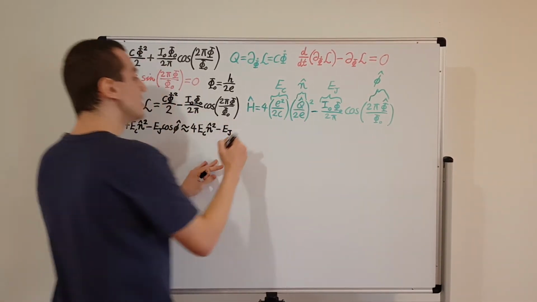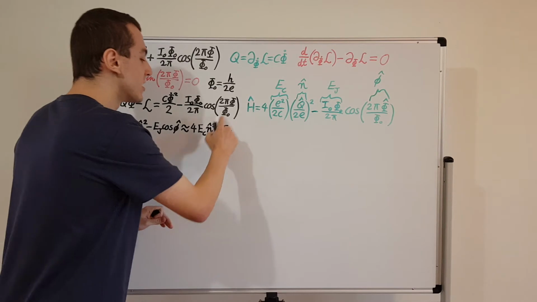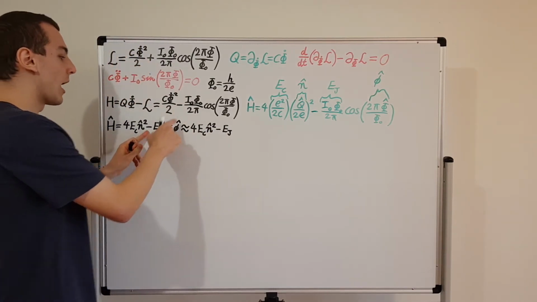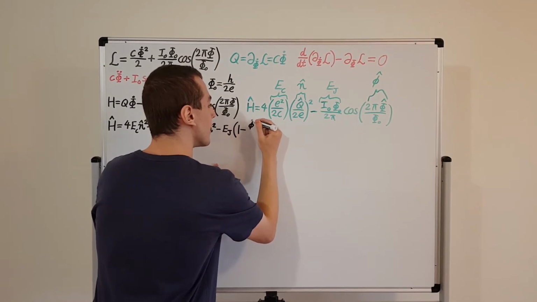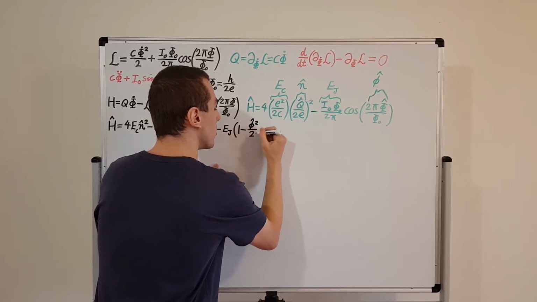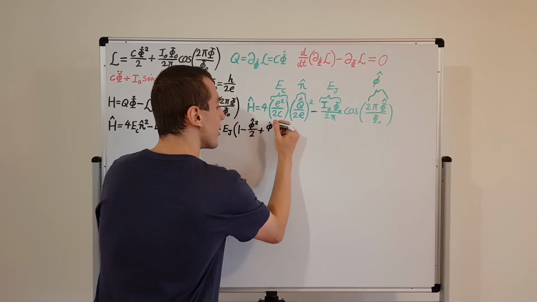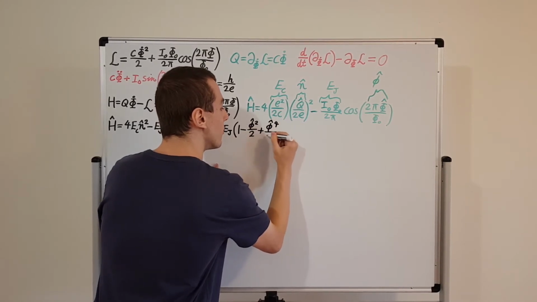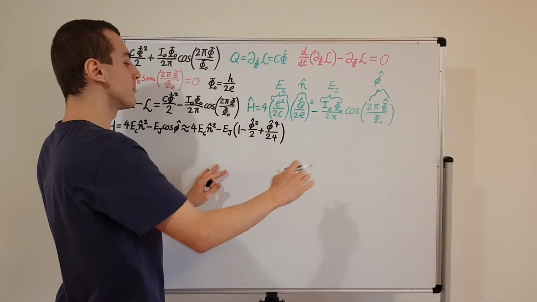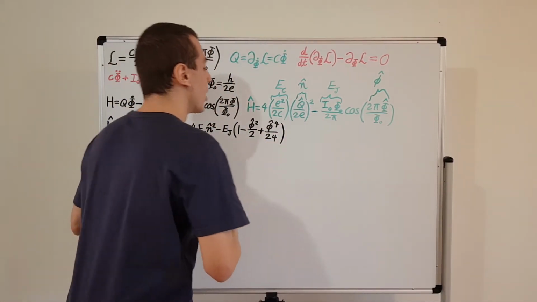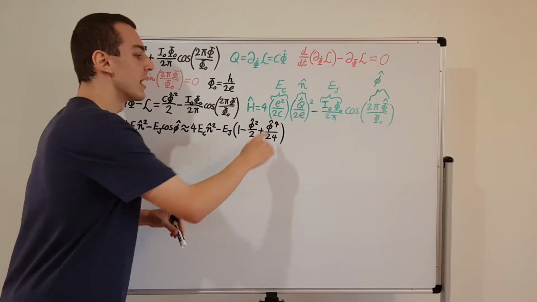So I'm still going to have EJ, that's the Josephson junction energy. And I'm going to turn this cosine into 1 minus phi hat squared on 2 plus phi hat to the power of 4 over 24. And I'll stop over here. We could add more terms if we wanted to. This is just the Taylor series approximation expanded up to the quartic term.